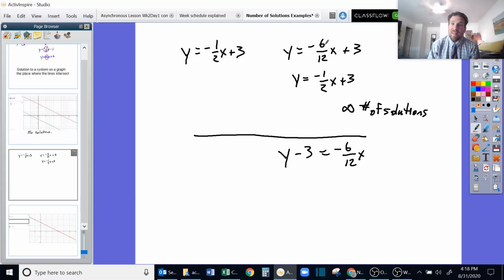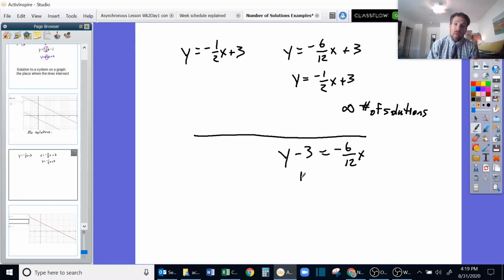So this is really that exact same equation, y equals negative 1/2 x plus 3. But in order to see that those are equivalent equations, you would have to solve this to get y by itself. You would have to put it into slope-intercept form.